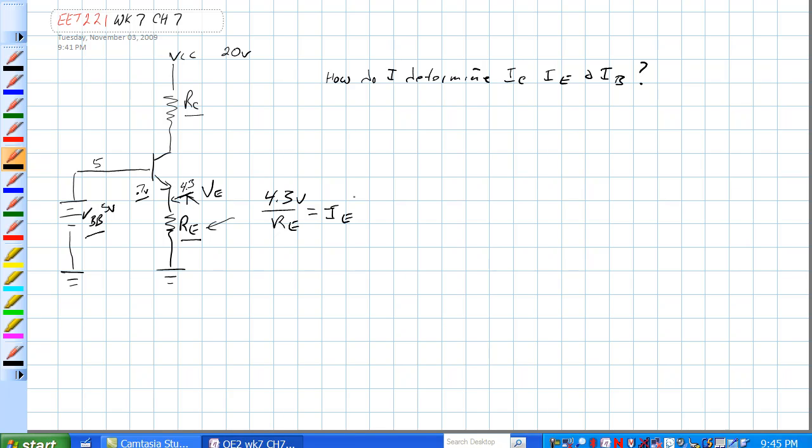That's equal to IE. If this was 1k ohm, then I'd have 4.3 volts divided by 1k ohm is equal to 4.3 milliamps. Oh, okay.